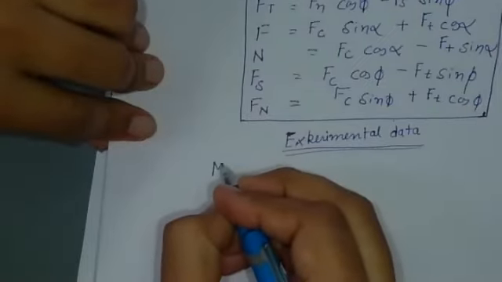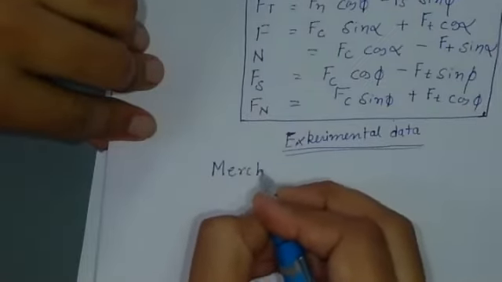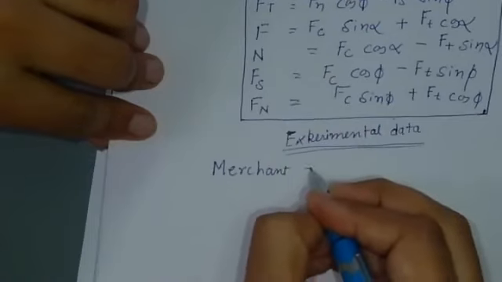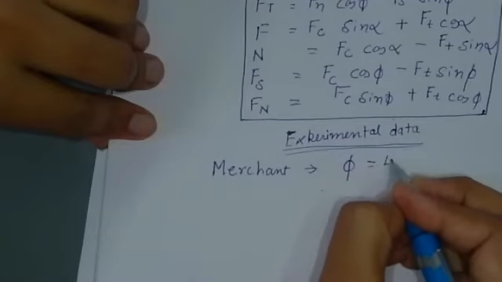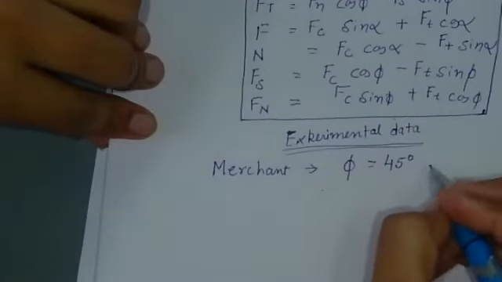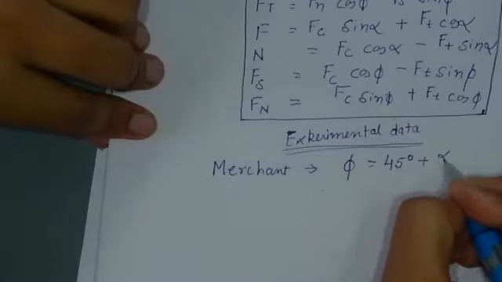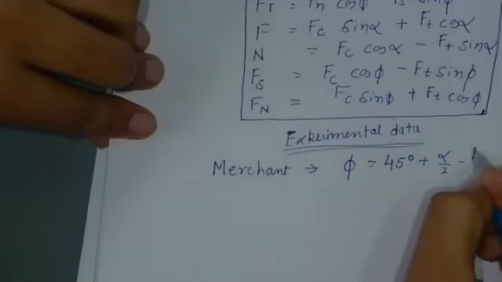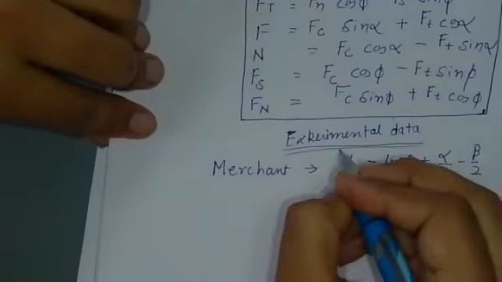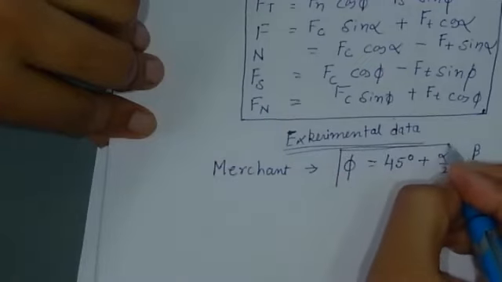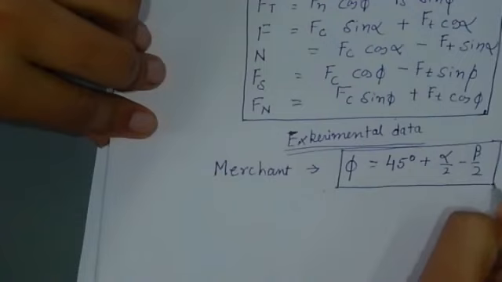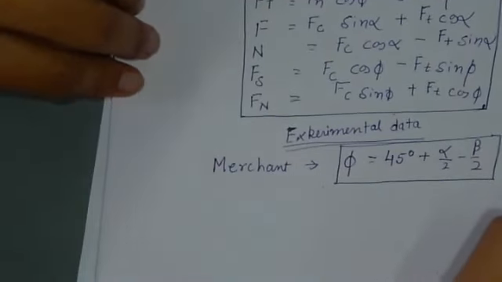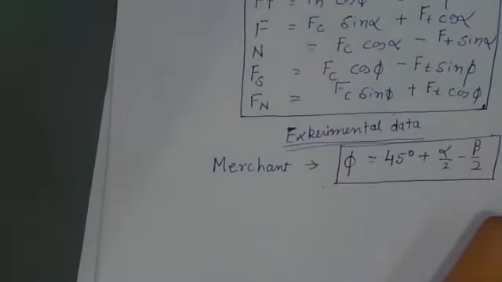So Merchant has determined a relationship between various angles, and he said that the shear angle phi is equivalent to 45 degree plus alpha by 2 minus beta by 2. You must notice that this relationship does not have any theoretical basis, but it has been determined using various experiments.